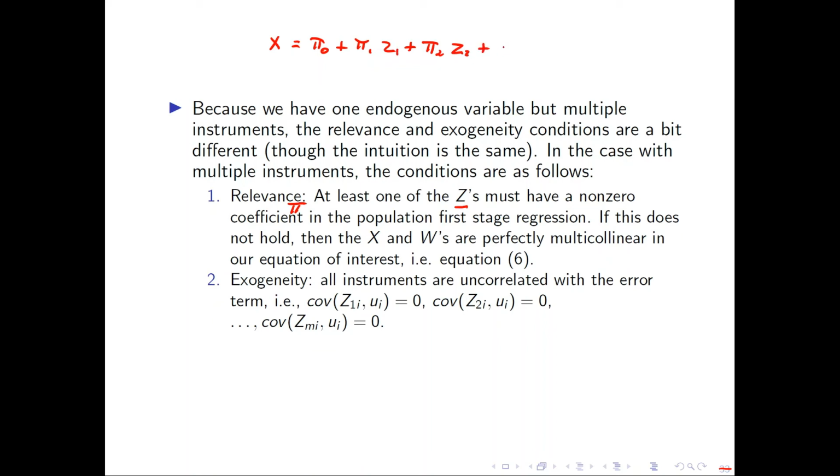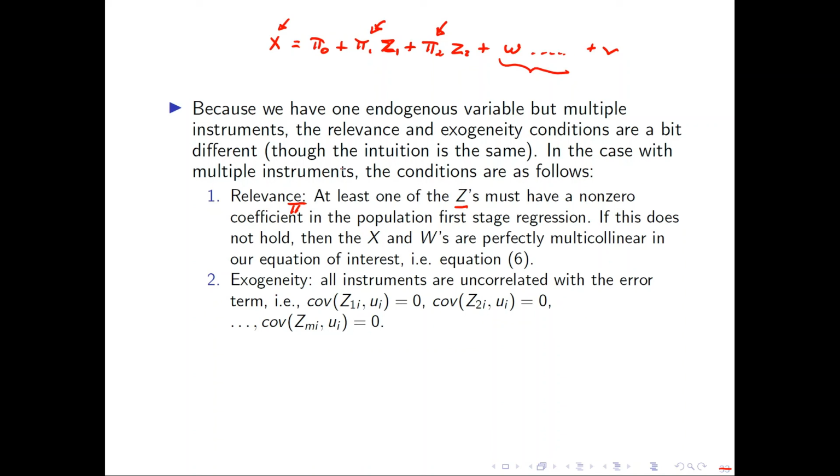And plus the w's, right? So at least one of these instrumental variables has to have some kind of explanatory power on the variation in the endogenous variable. If they don't, then only the exogenous or control variables have any explanatory power on x, and they are possibly perfectly multicollinear.